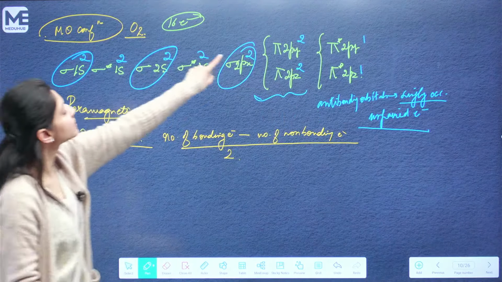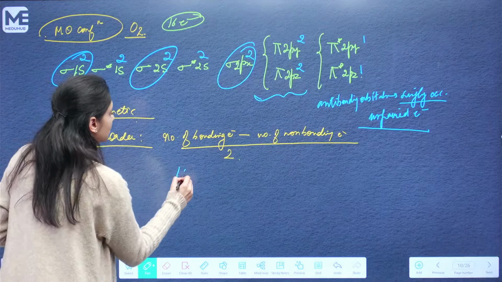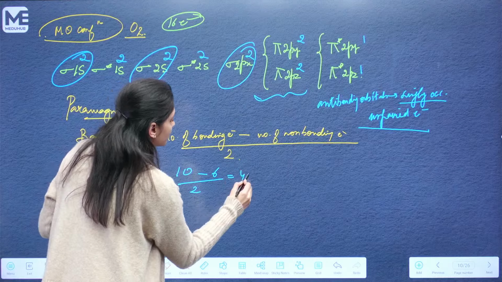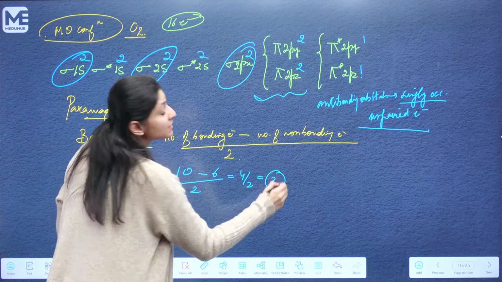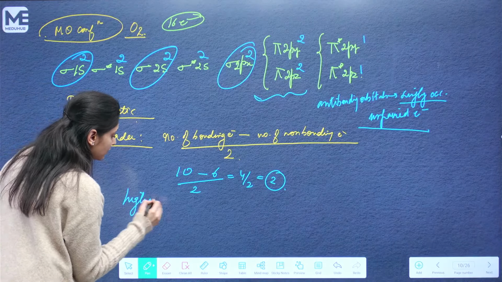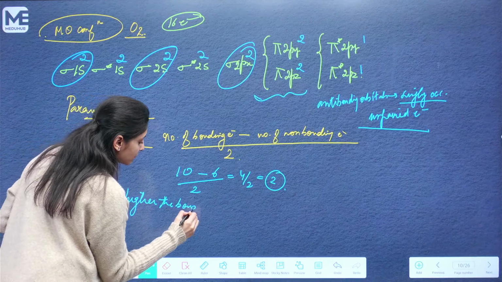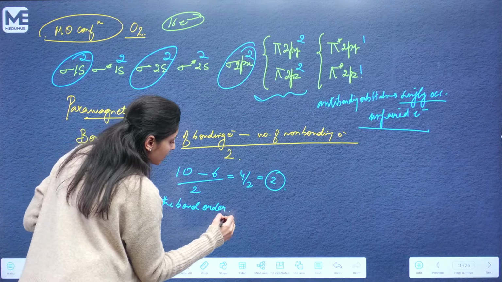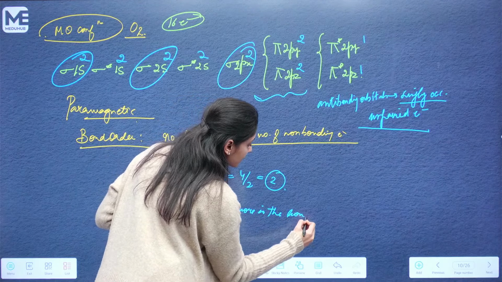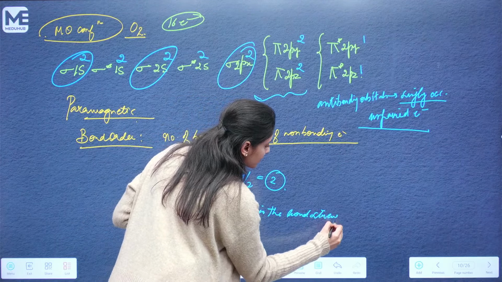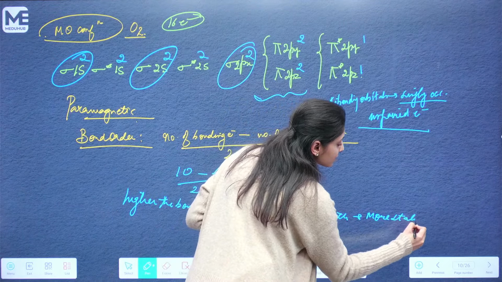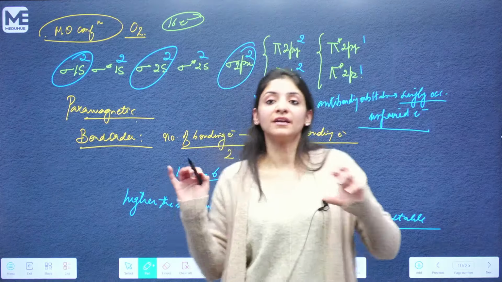So 4, 6, 10. 10 minus 6 divided by 2. So this is how we calculate the bond order. Now, higher the bond order, more is the bond strength. More stable is the species. Right? This is the trend that is followed.